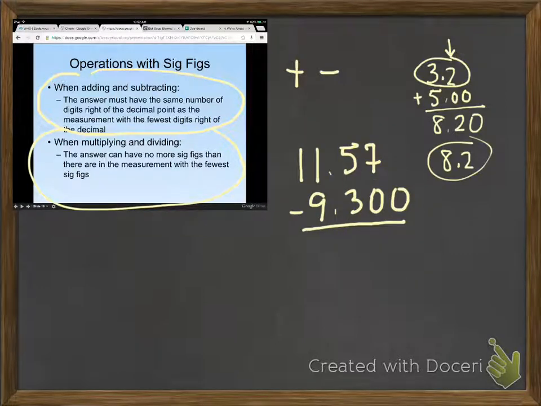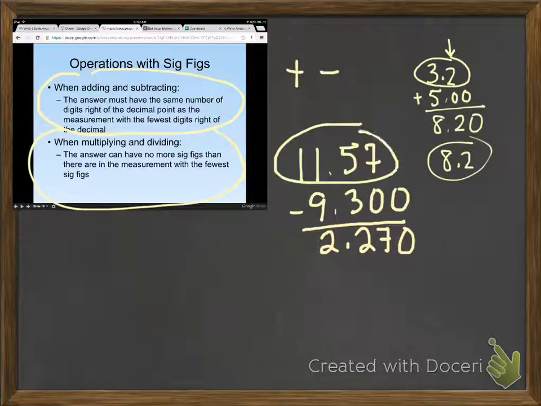Okay, we've got a subtraction problem now. 11.57 minus 9.300. Our raw answer is 2.270. But if we look carefully at the numbers that go into making that answer, we notice that 11.57 has 2 numbers behind the decimal. So our answer is limited to 2 numbers behind the decimal.